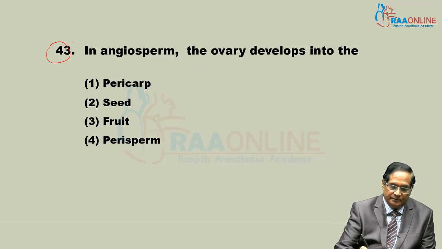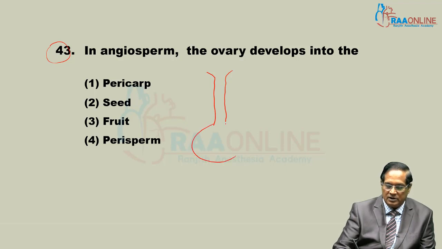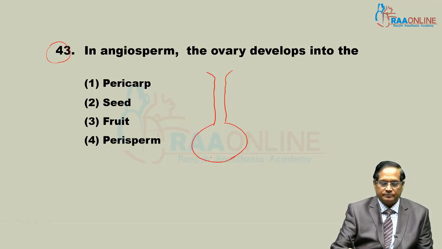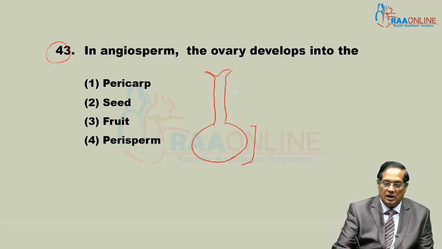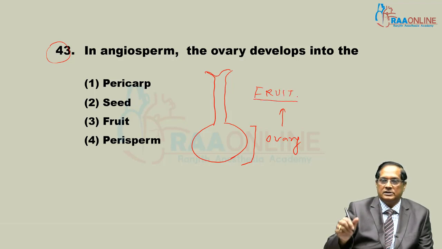Question number 43. This question is related to the carpel, the female reproductive structure of a flower in angiosperm, and this portion of the carpel is known as the ovary. The ovary develops into fruit after fertilization.